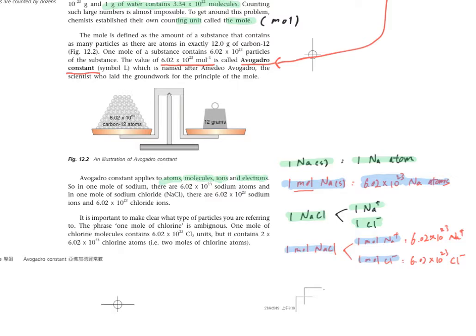And 1 mole represents a constant number. What's the number? The number is 6.02 times 10 to the power 23. And 1 mole of chloride ions still contains 6.02 times 10 to the power 23 chloride ions. I hope you understand this mole concept right now.